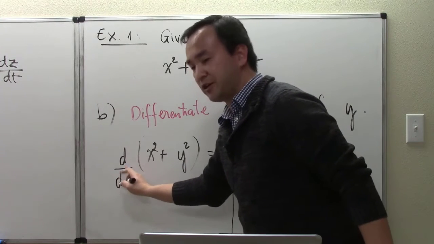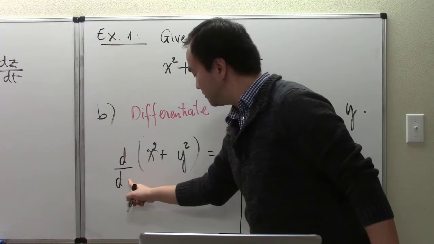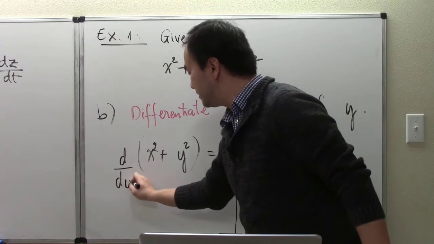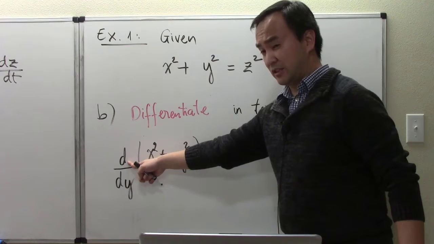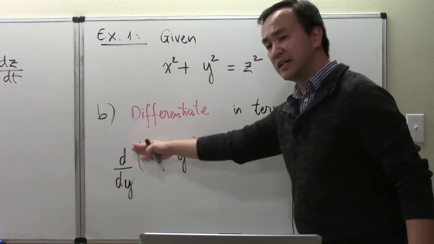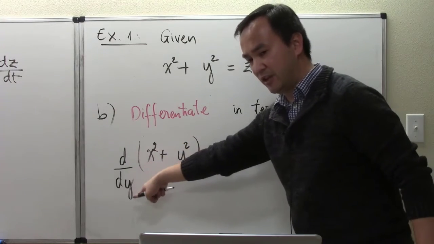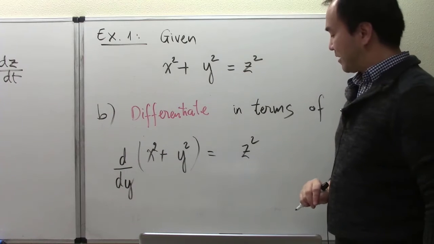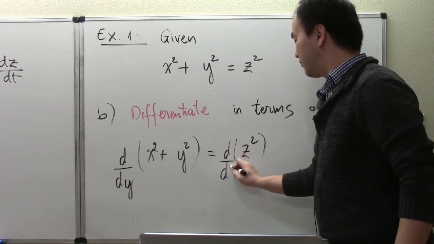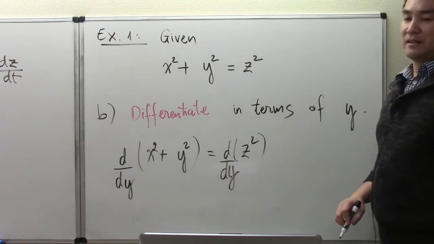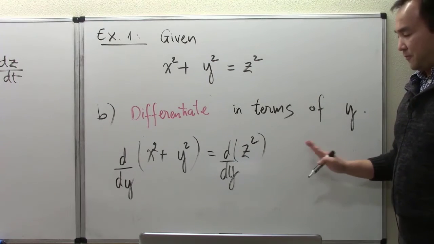This time my target variable to differentiate is the dy in the denominator. So we differentiate the entire sum on the left hand side with respect to the y variable, and we do the same for the right hand side.